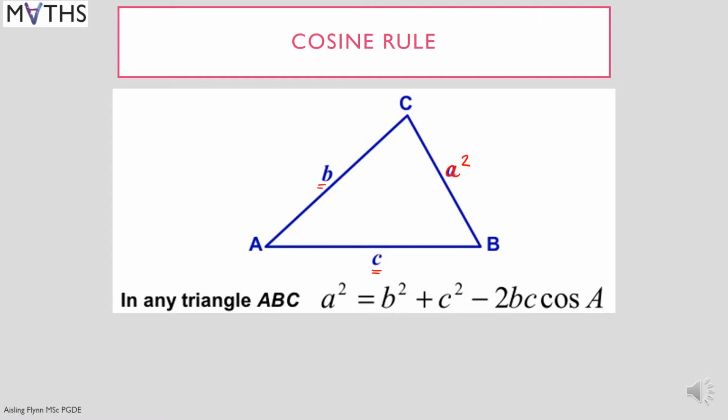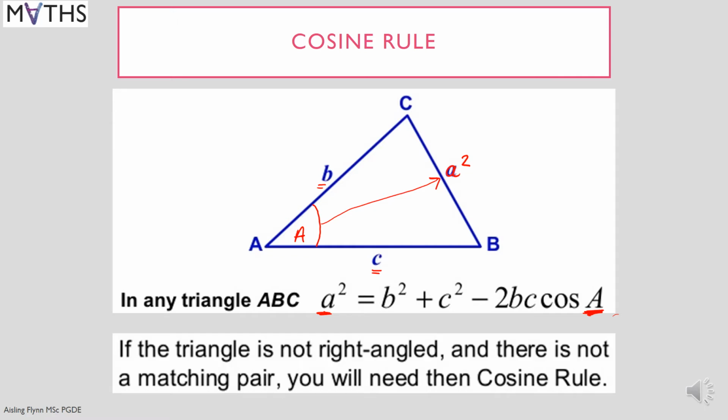Minus 2bc multiplied by cosine A, and cosine A is the angle at vertex A, the one opposite side a. The most important part is to match up the side in question, small a, with the angle opposite, large A, and get those in the correct place in your formula.